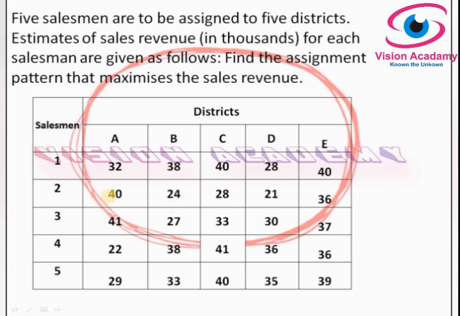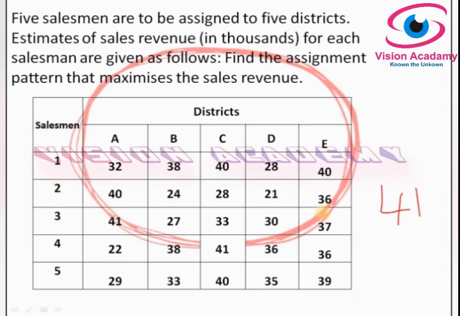So let us look into the largest value in the whole matrix. Here 40 is the largest value, here is also 40, in the third row 41 is the largest value, and in the fourth row 41 is the largest value. Yes, of course, 41 is the largest value in this revenue matrix.